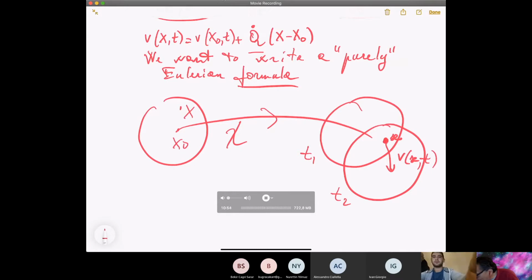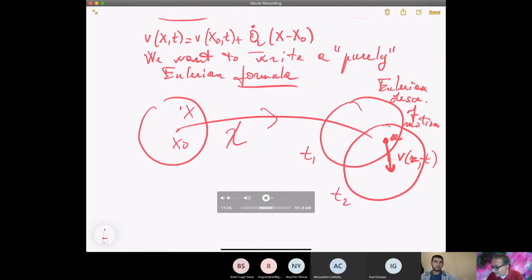However, I block my attention to the position small x, and I want to determine the velocity of the material particle, which at a certain instant is in small x. So this is the Eulerian description of motion.